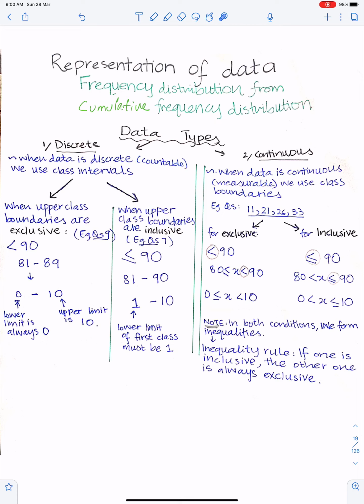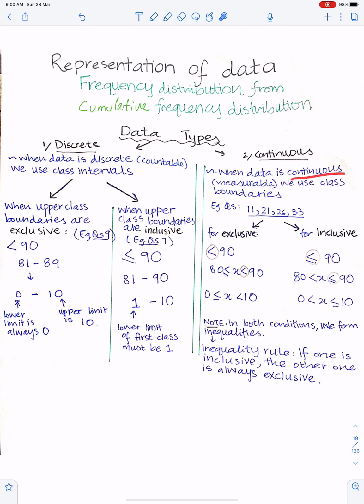Now we have 2 types of data. Number 1 discrete and number 2 continuous. When data is discrete, that is countable, we use class intervals. Remember this thing. When data is discrete, always use class intervals. Always go for class intervals.